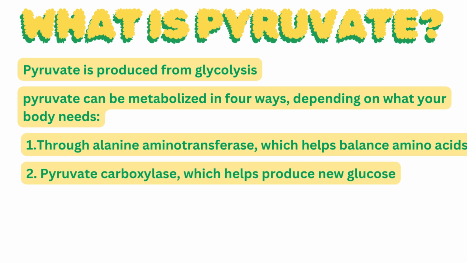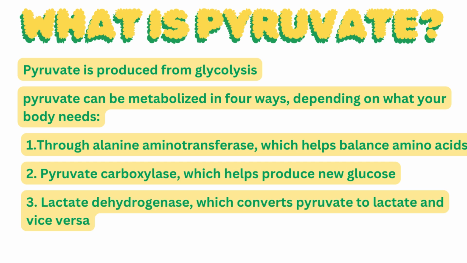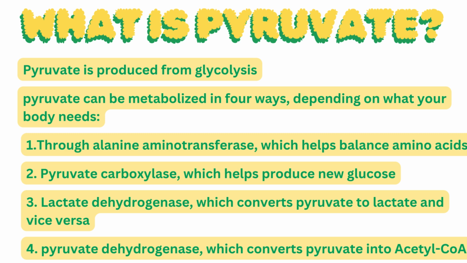Pyruvate carboxylase, which helps produce new glucose. 3. Lactate dehydrogenase, which converts pyruvate to lactate and vice versa. 4. And lastly, pyruvate dehydrogenase, which converts pyruvate into acetyl-CoA, a crucial component for energy production.